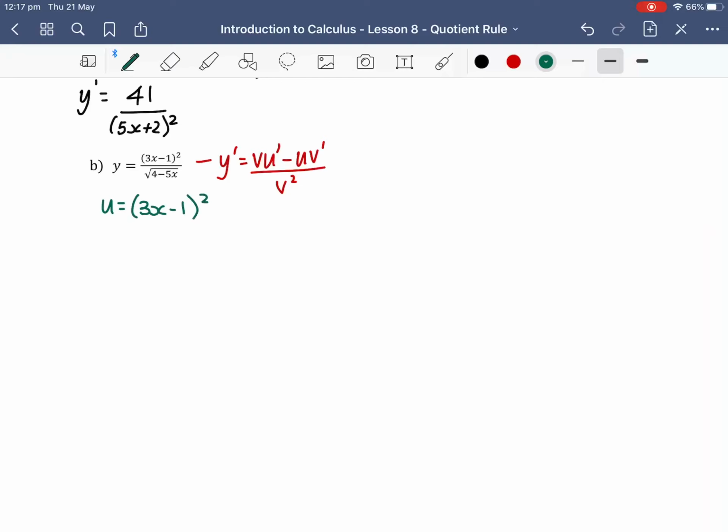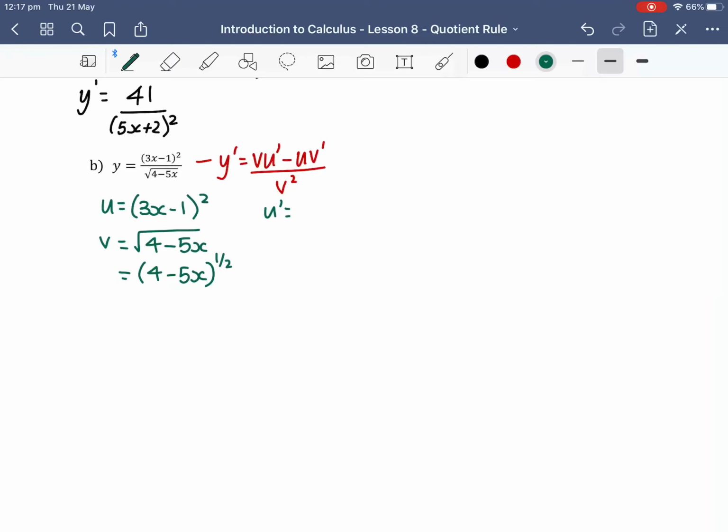So our u is our 3x minus 1 all squared, and our v is our square root of 4 minus 5x, where this is equal to 4 minus 5x to the power of a half.